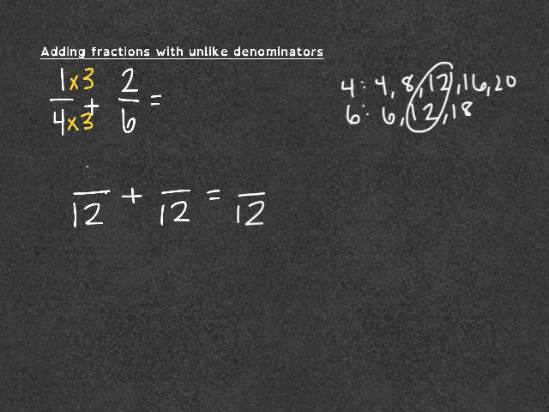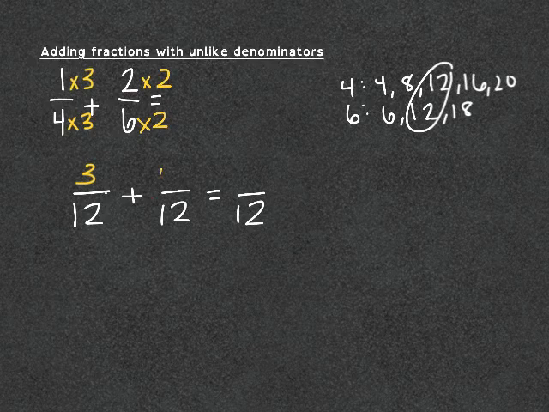So 1 times 3 is 3. Then we ask ourselves, 6 times what gave us 12? 6 times 2 is 12. So we multiply the numerator by the same thing. 2 times 2 is 4. Then we add up 3 twelfths plus 4 twelfths, and we get 7 twelfths.